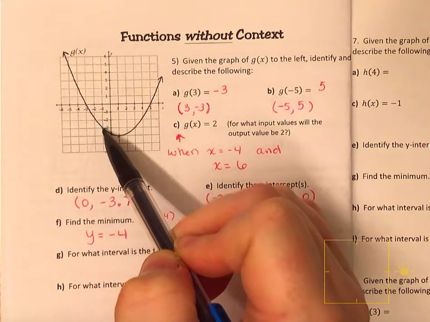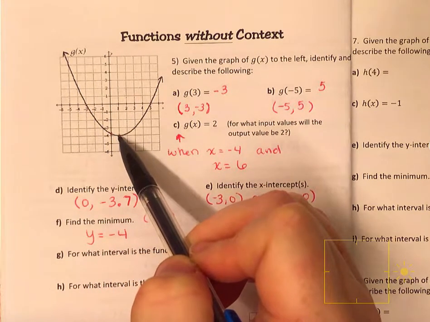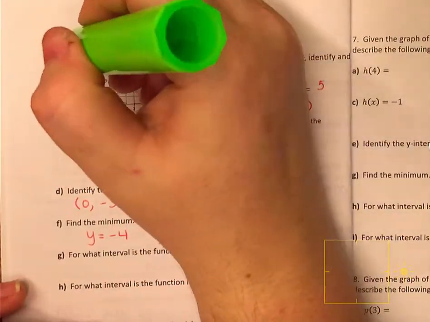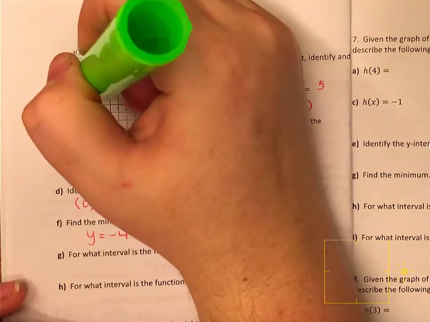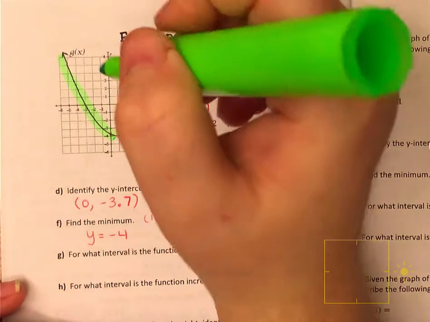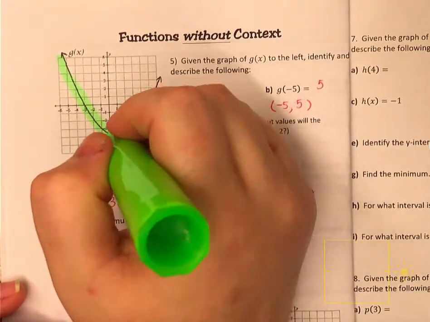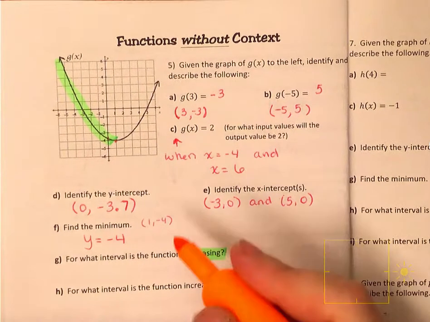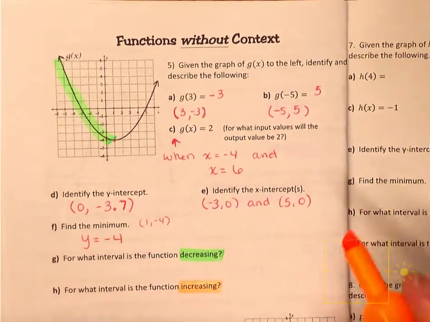So I can highlight this green, and then it reaches that minimum. Then it starts going back up. So I can say that it's all of this graph, this green part, until it hits that minimum. And then from that minimum, it will start to increase. I'm going to highlight that, where increasing is going to be in orange.